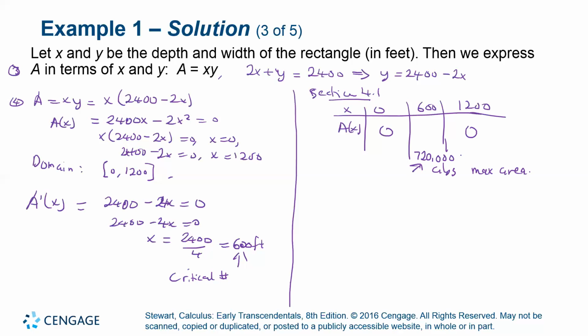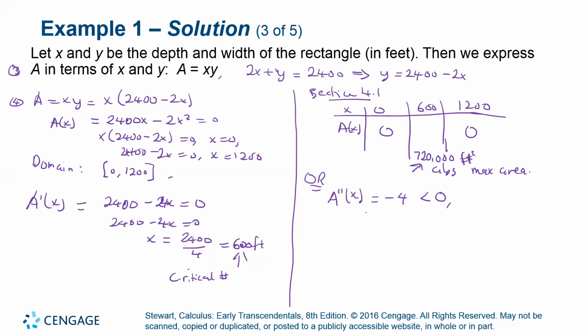That's it, square feet. So what is happening is that the area is maximized, absolute, at x equal to 600 feet. Alternatively, after getting this, I can find the second derivative, A double prime of x, which gives me -4, and that's negative.